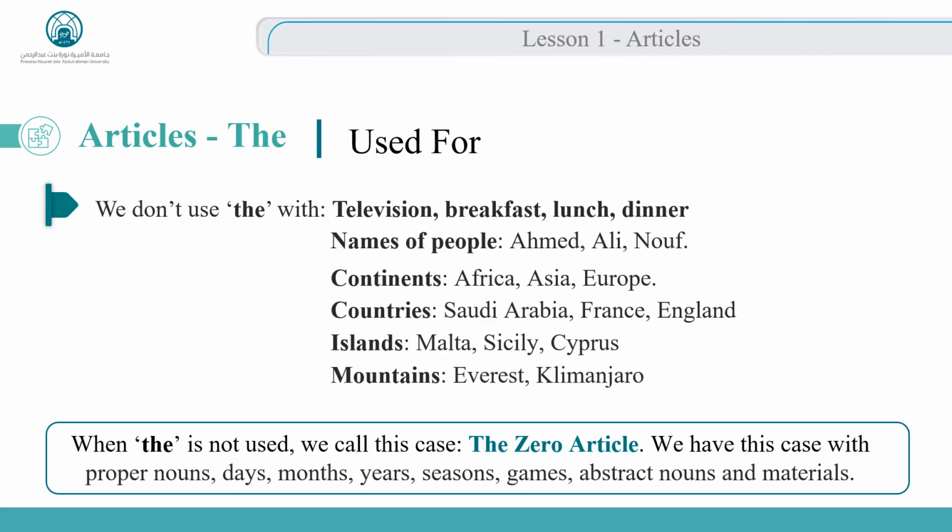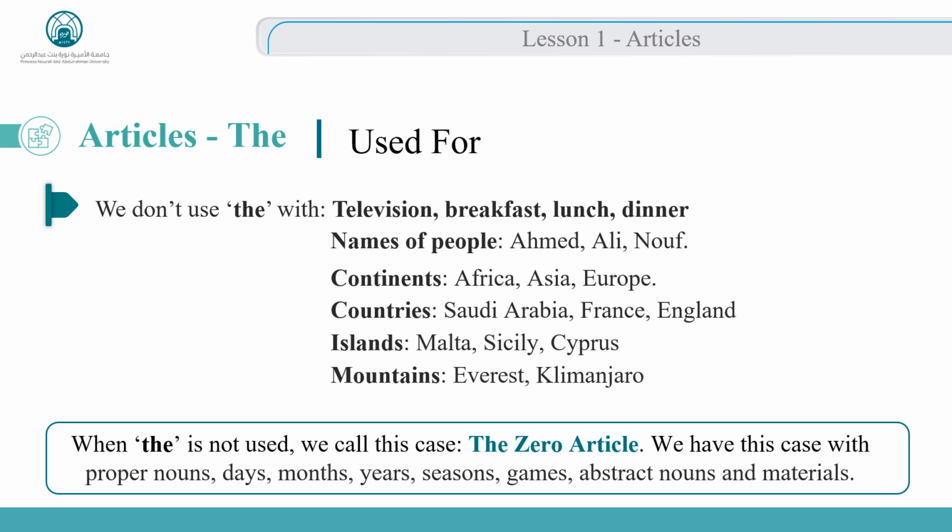But when we use the abbreviated form Saudi Arabia only, we don't use the here. So we say just Saudi Arabia, France, England, India, Finland. So here, these names of countries wouldn't have the.